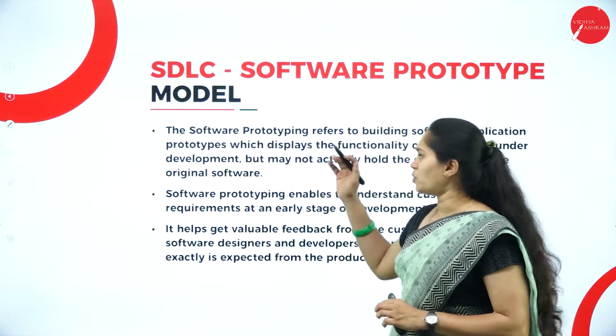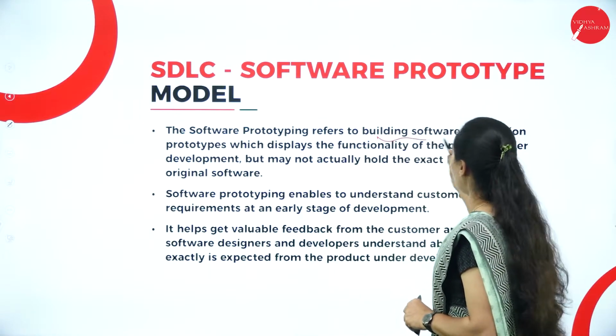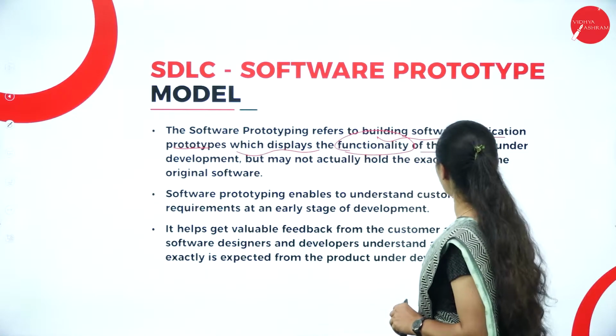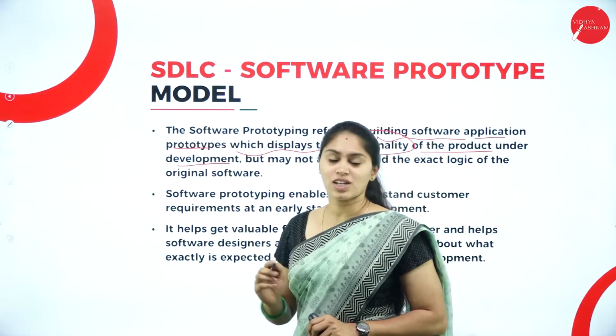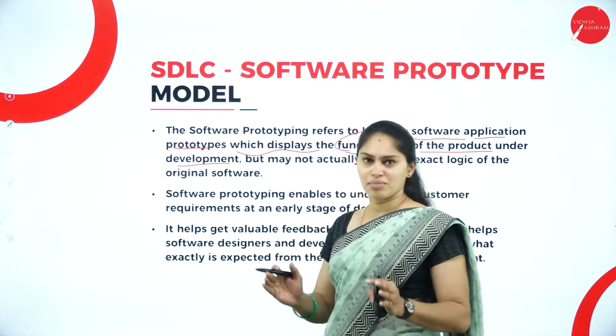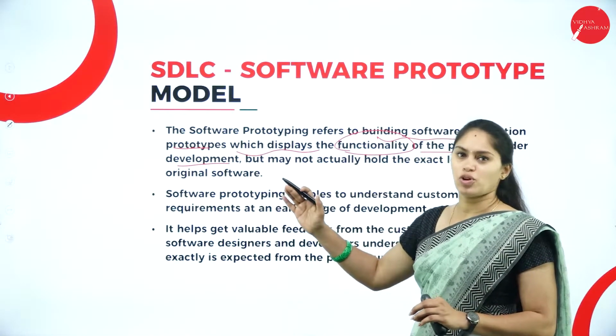So the prototype model refers to building software application prototypes which display the functionality of the product under development. So you can see the product even before the development of a software or a product. It's like a dummy model. You won't get the actual working in the dummy model. It's like a prototype only.